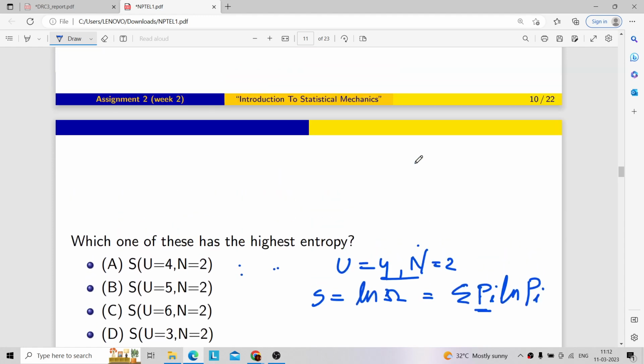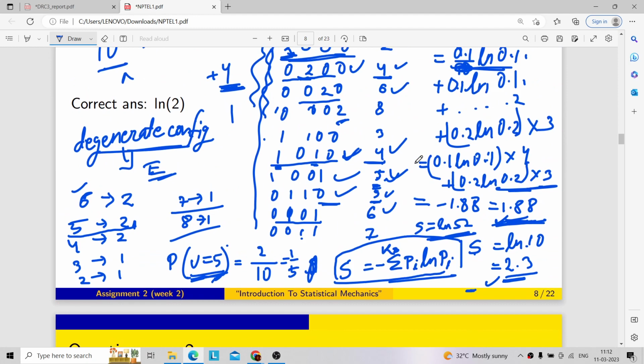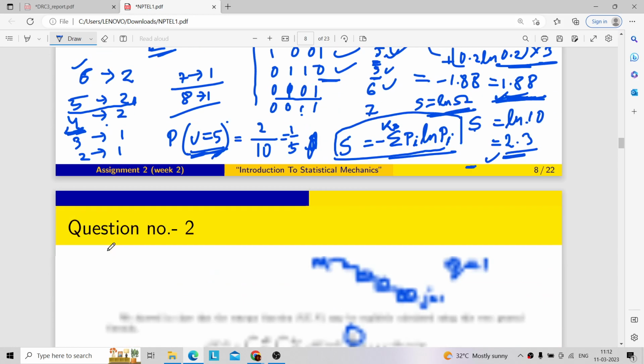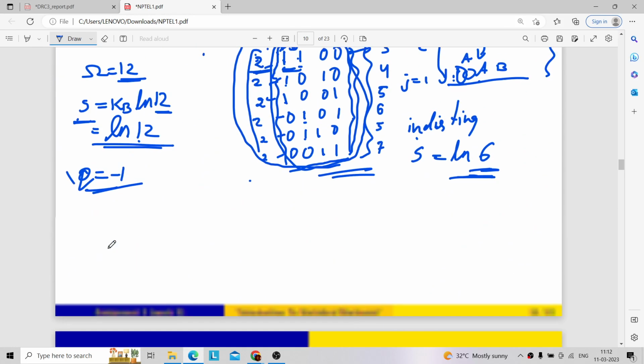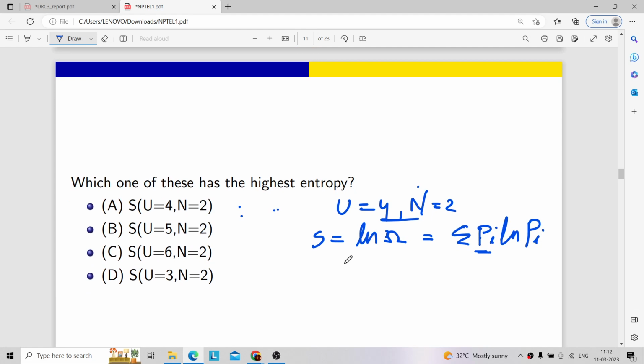We have calculated all these configurations here. How many 4s do we have? 2 4s. So total energy equal to 4, and for 2 particles we have 2 microstates, so omega is 2.